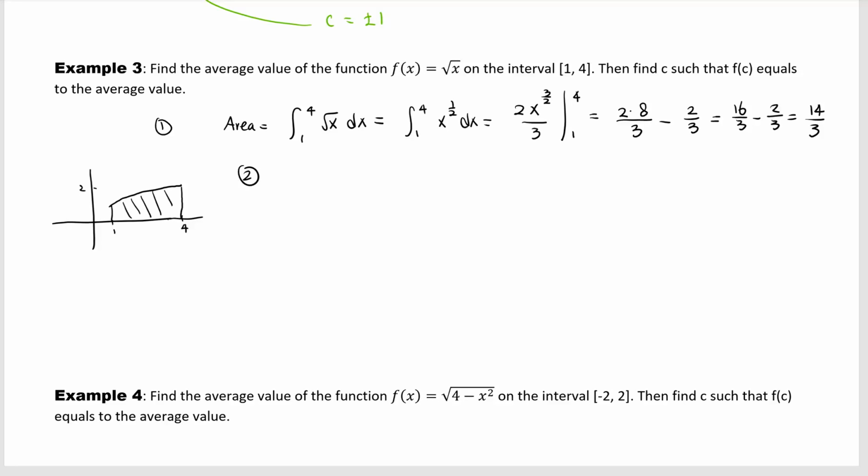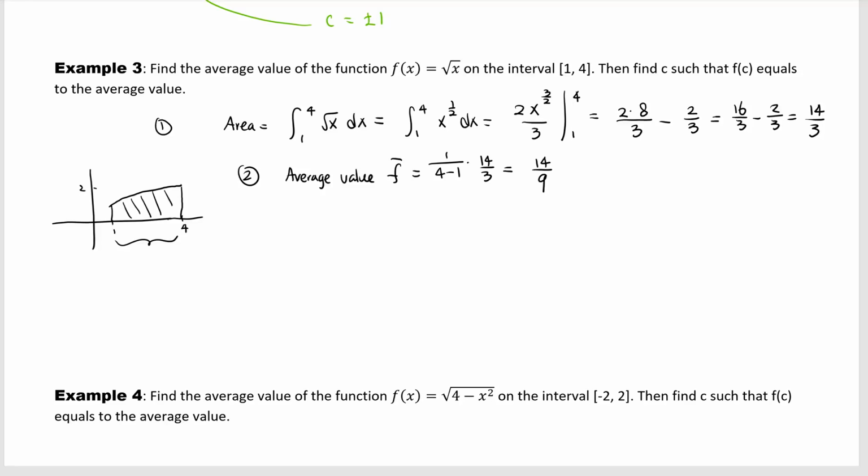And the second, what is the average value? F bar equals, what's the length of that interval? 4 minus 1, right? And then 1 over 4 minus 1 times the area. The area is 14 over 3. 4 minus 1 is 3, so that's 14 over 9.